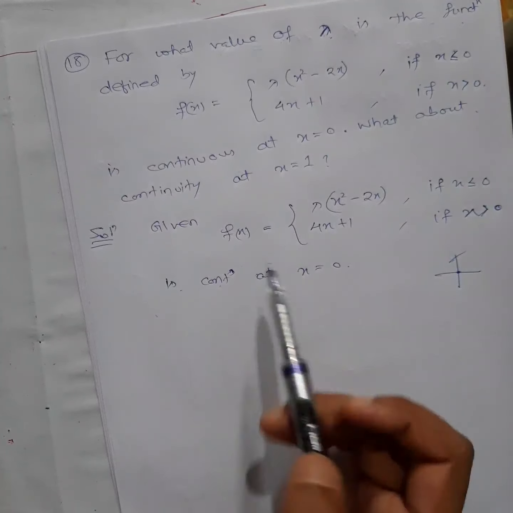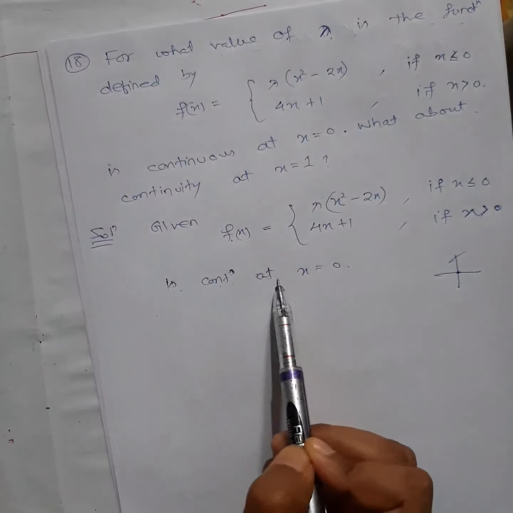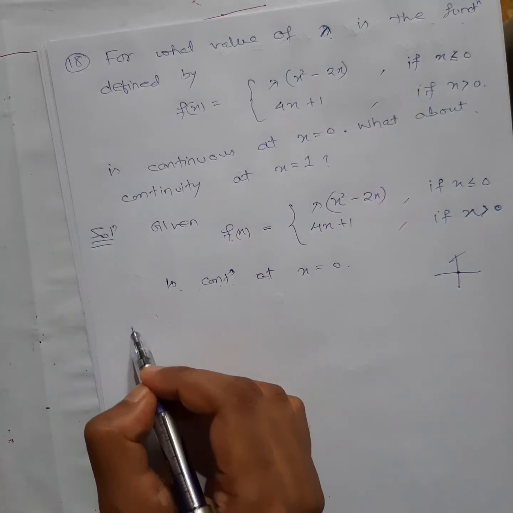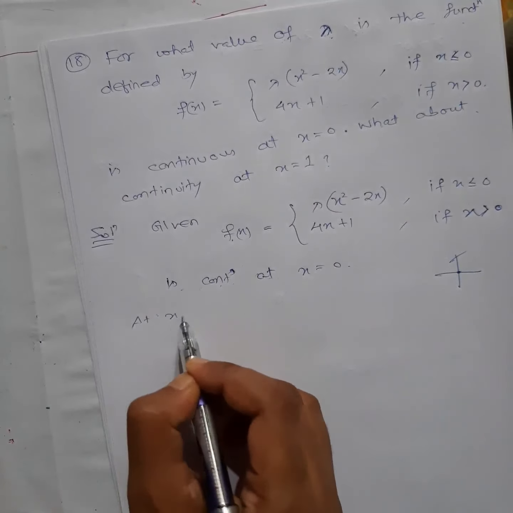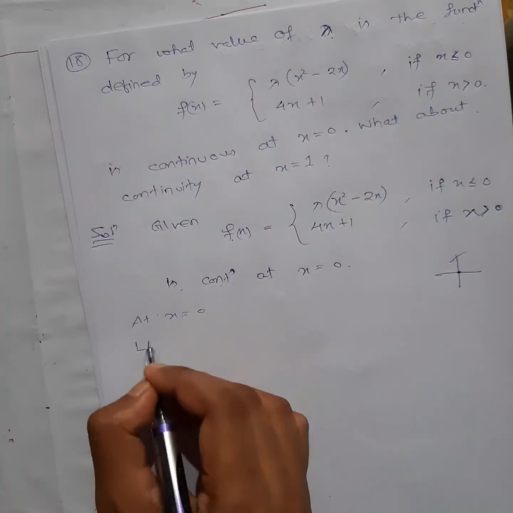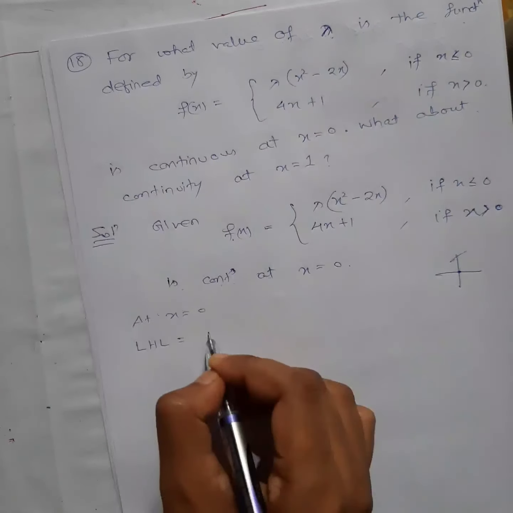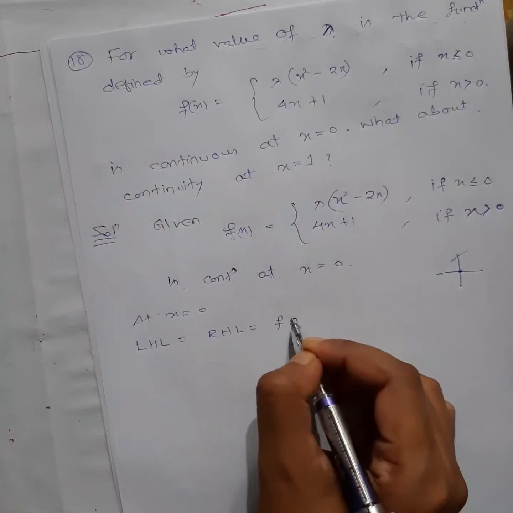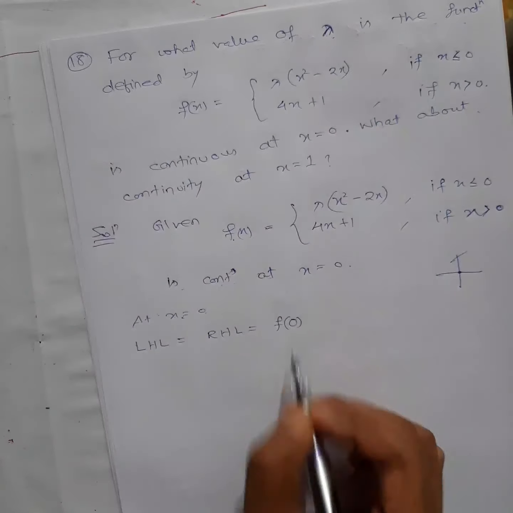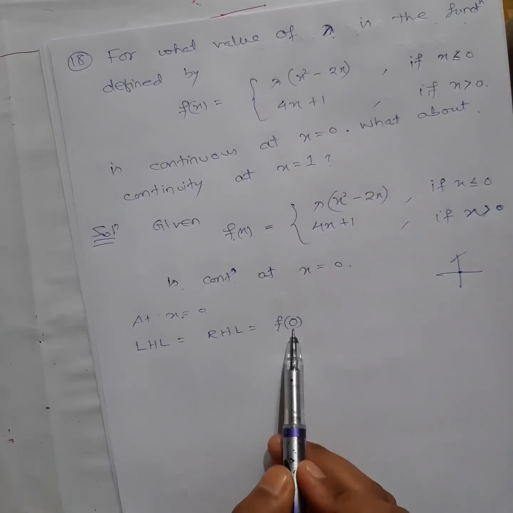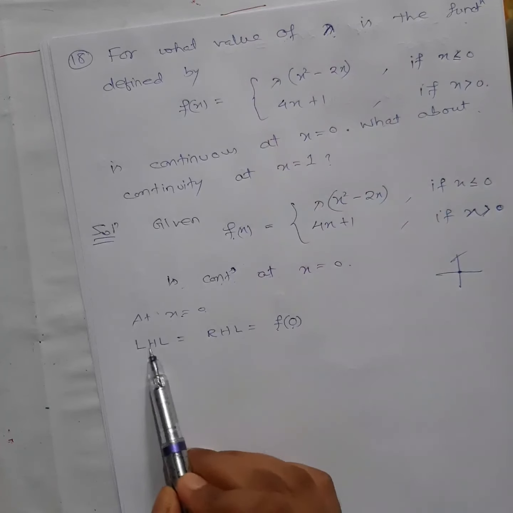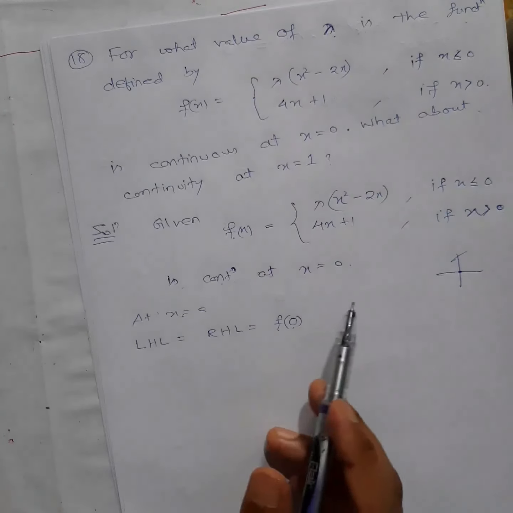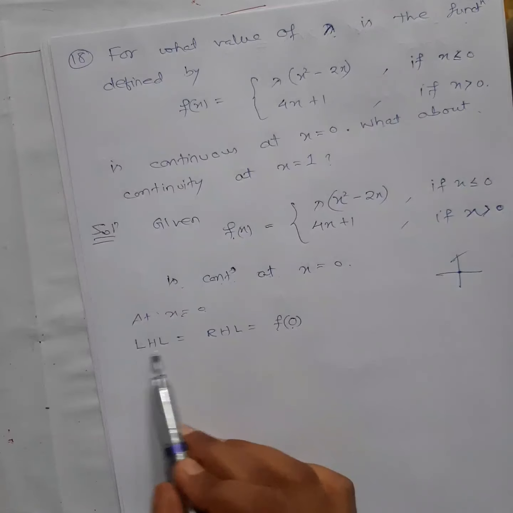In limit form, how will you write that? f(x) is continuous at x equal to 0 means that at x equal to 0, the left hand limit must be equal to the right hand limit, which must be equal to f of 0. Whatever value you get for the function at x equal to 0, the right hand limit and the left hand limit must be the same. So this will give you the equation.